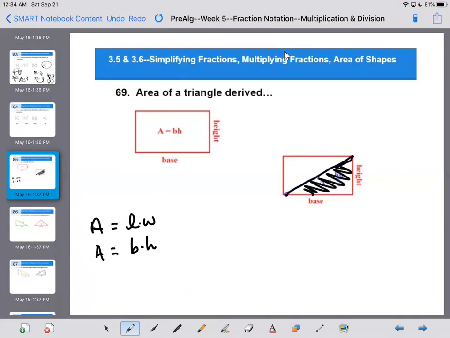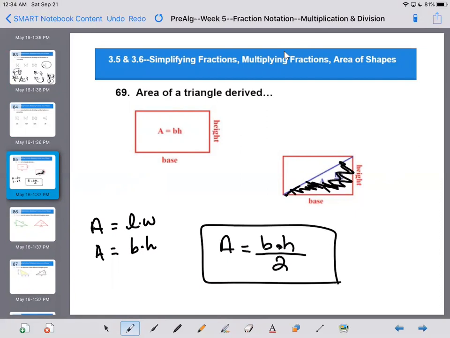That's why you see the formula as base times height, all divided by 2. So if I take half of that rectangle, I'm going to get the triangle that I desired. So here's your formula that you want to put to memory, and that's your area of a triangle, is your base times your height, and then divide that by 2.